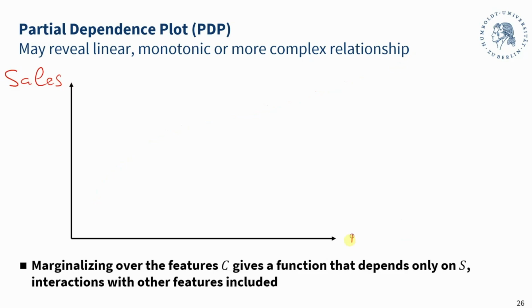This works for classification, but the same idea applies to regression. Let's say you have sales and you have price, one of the most beloved examples in marketing and business maybe. We could say, okay, well, low prices, high sales, high prices, low sales, and we could construct the PDP in the same way.